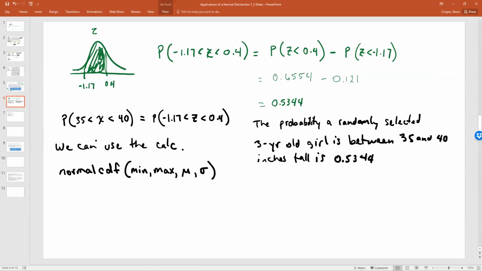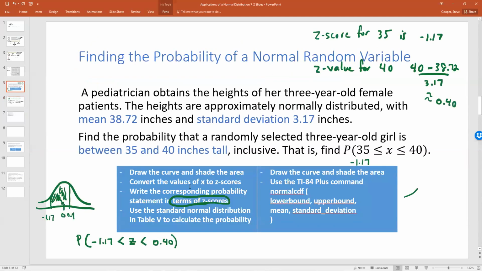So if we directly read from the underlying random variable x, to answer this same question, we can put our 35 here, our 40 here, and mu was 38.72.